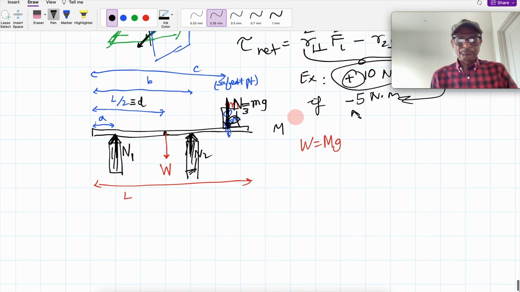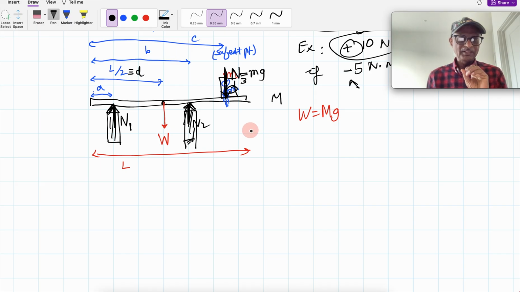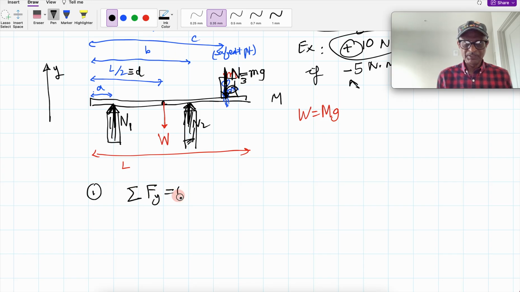So let's figure out the equations that we will be able to come up with, okay? My advice to you is to just let the equation speak to you and not just guess all the equations right from the get-go. All right. So one equation will be, there are no horizontal forces here, so we just look at the axis as y. So sum of all the Fy will be 0.